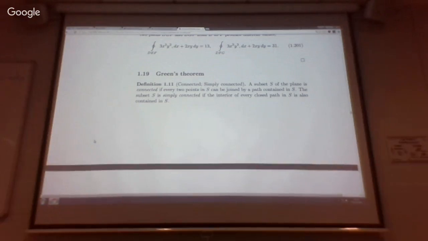So I can certainly get from this point to this point along a path like that. Even if the region looks a bit more complicated than that, this kind of region here, this still qualifies as being path connected.